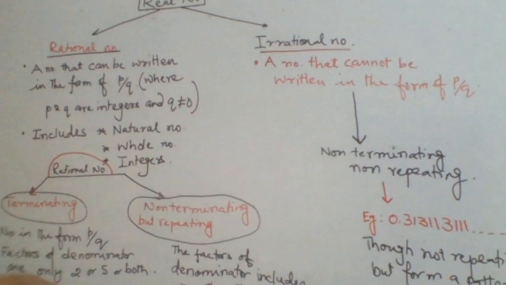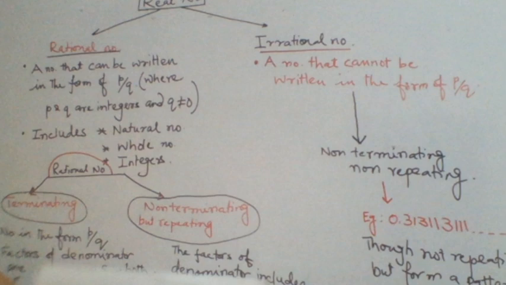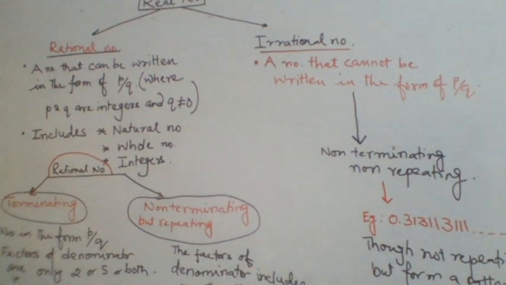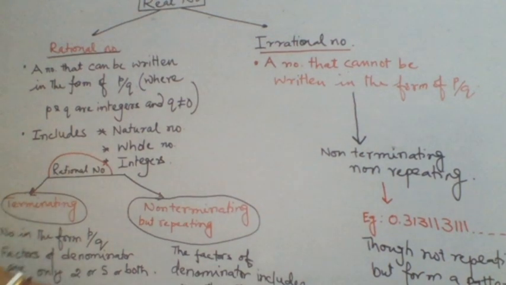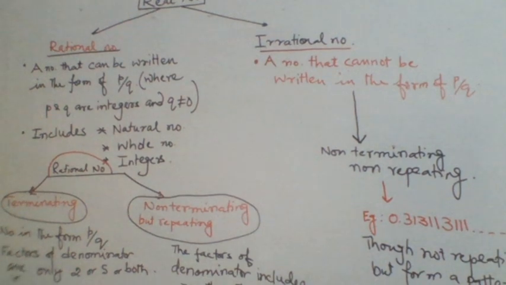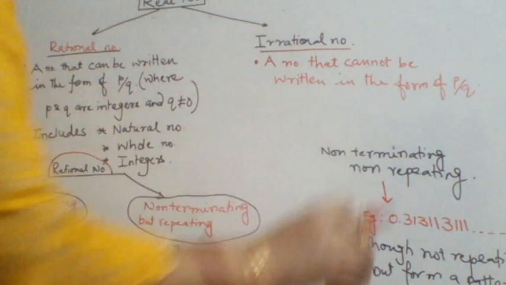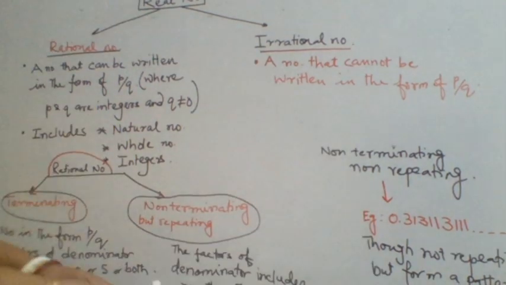And remember this also, I want to write it, that these irrational numbers cannot be written in the form of p by q, and they are square roots of non-perfect square numbers.